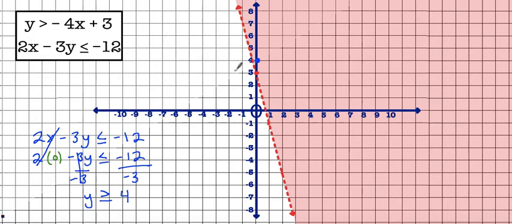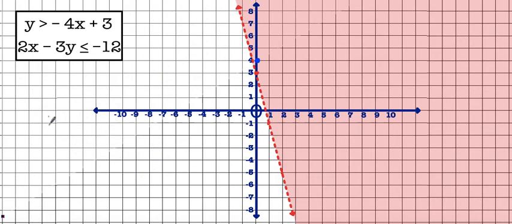And now we're going to find our x-intercept. So very similar, but this time we're going to substitute our y for 0 in order to find our x-intercept. So 2x minus 3 times 0.